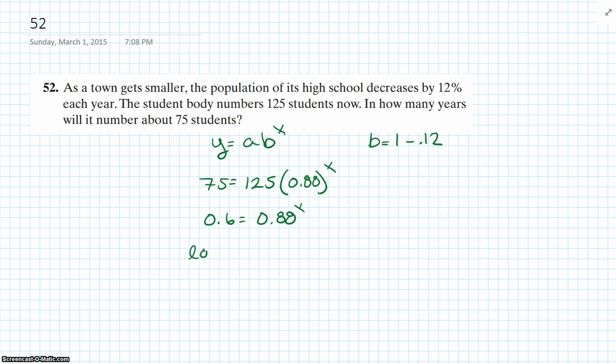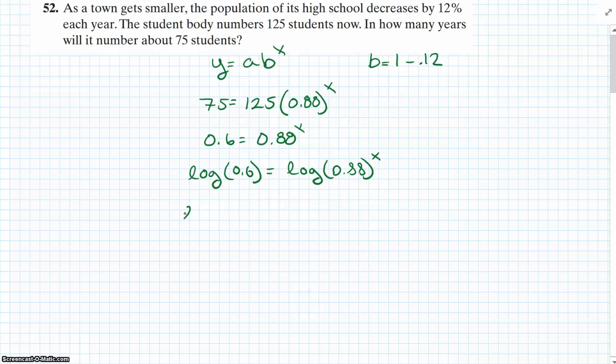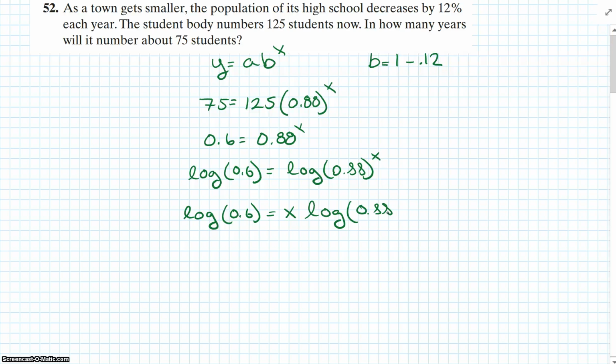So I'm going to log both sides. So I get the log of 0.6 equals the log of 0.88 to the x power. We can drop the x with the power property, so the log of 0.6 equals x times the log of 0.88.